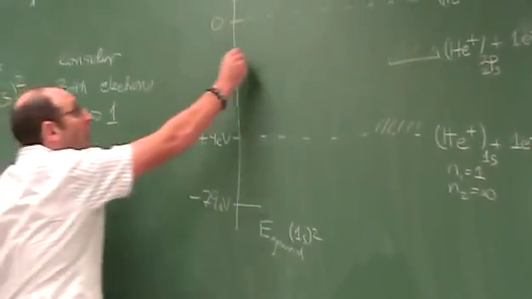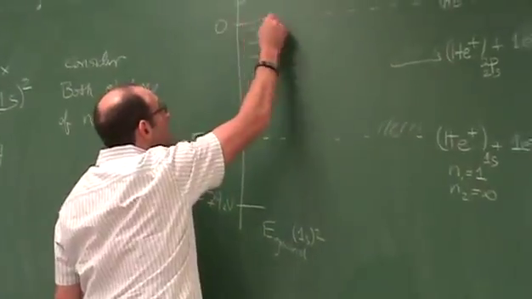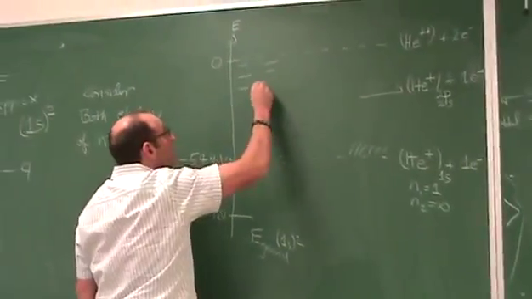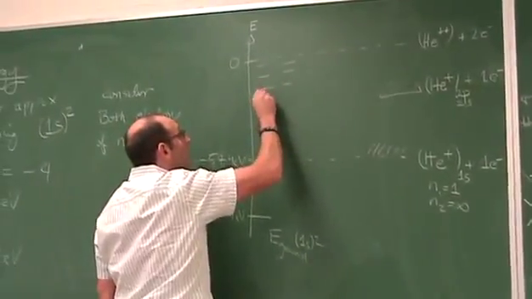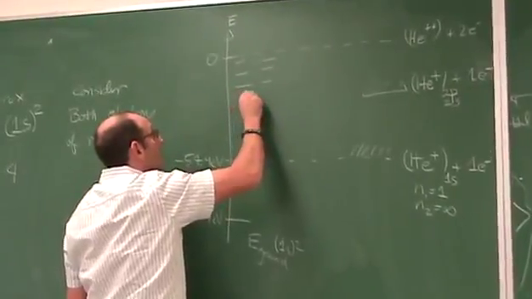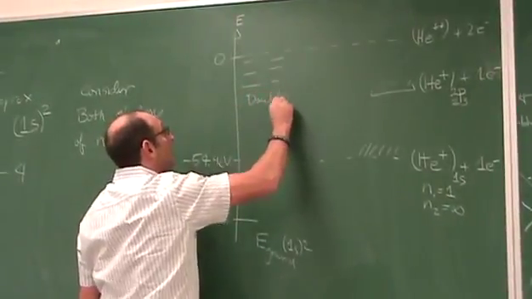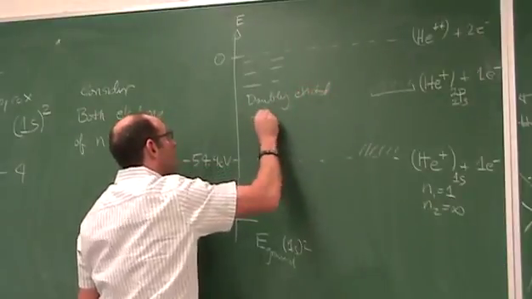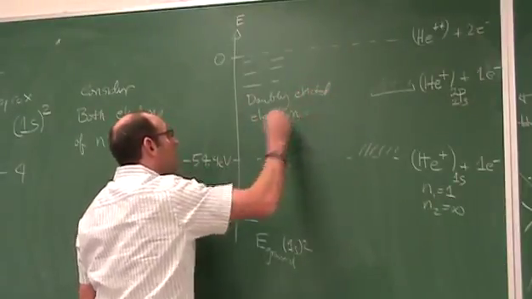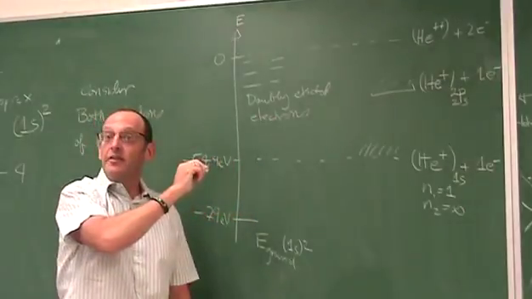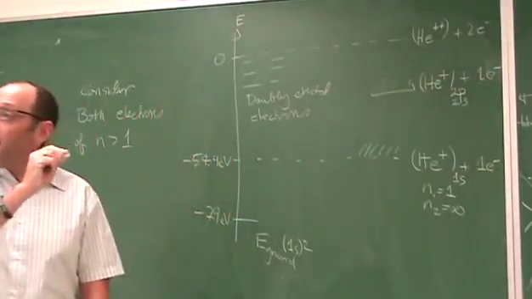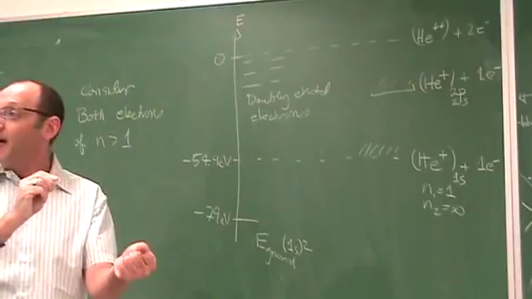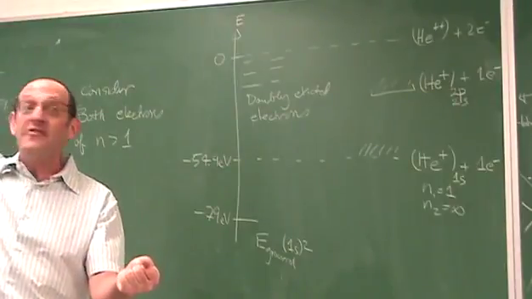So that means that there are states up here which are the states with doubly excited electrons, but they're above the ionization level. They're above the level in which one of the electrons is bound and the other is at infinity.